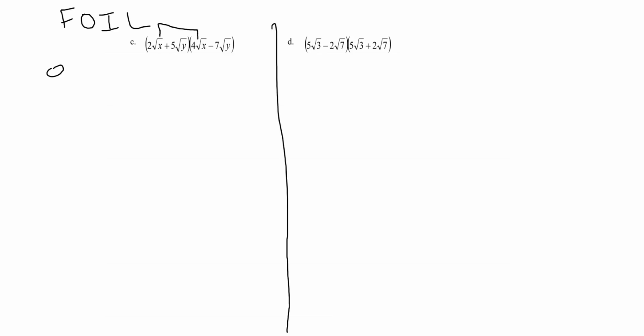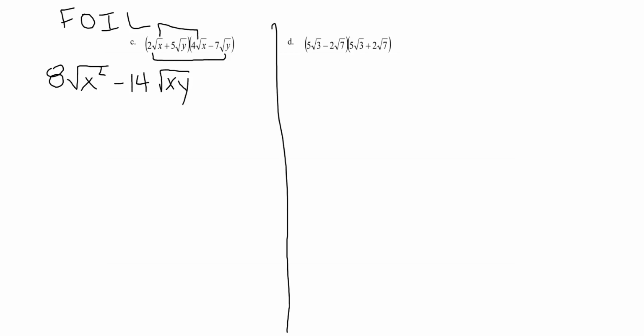Square root of x times the square root of x gives me the square root of x squared. Okay. Then we're going to do our outer terms. So the 2 square root of x times negative 7 square root y. 2 times negative 7 gives me a negative 14, and we'll have a square root of xy.